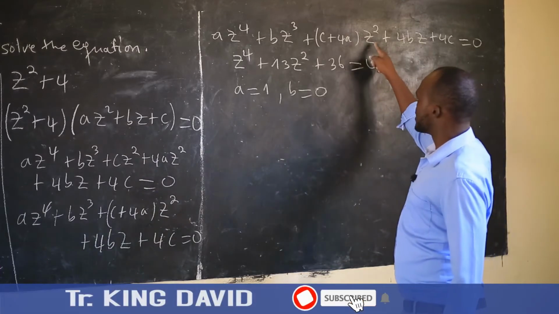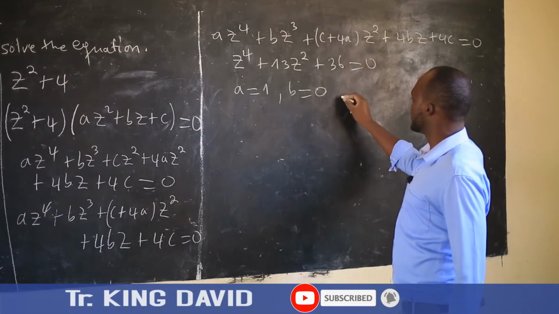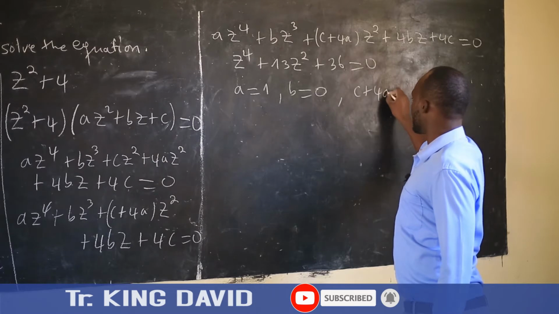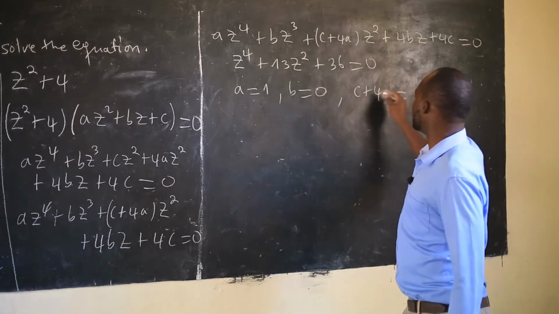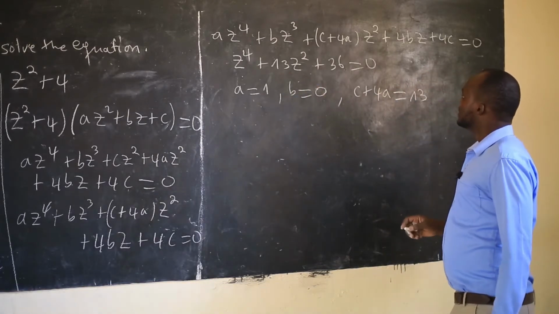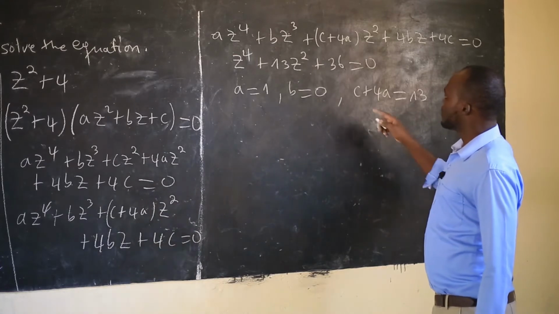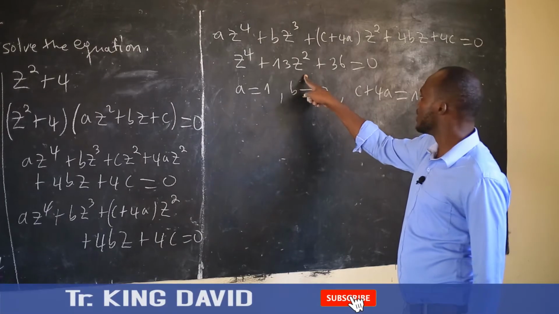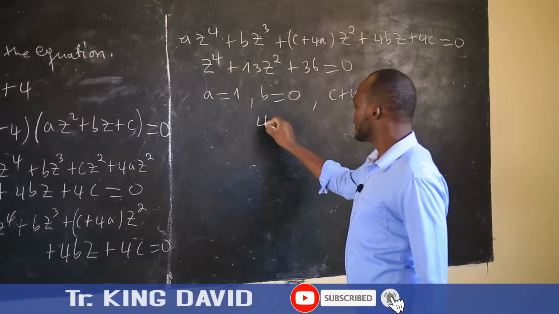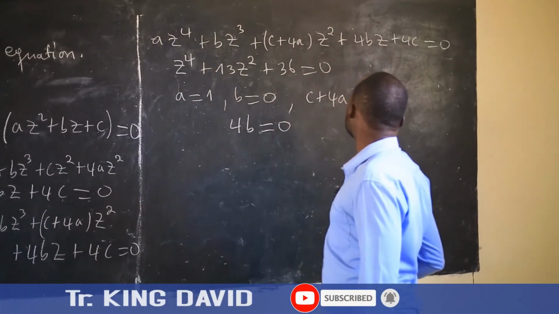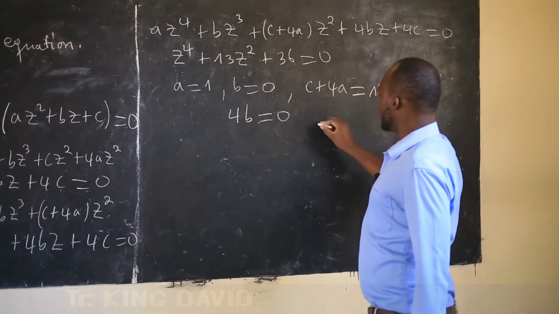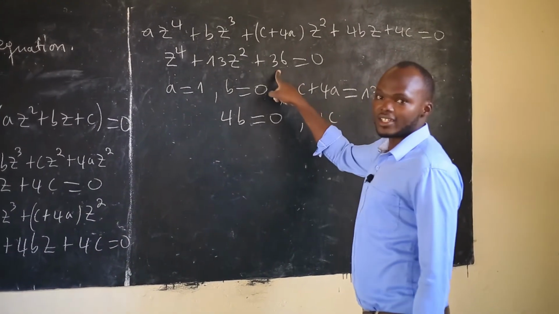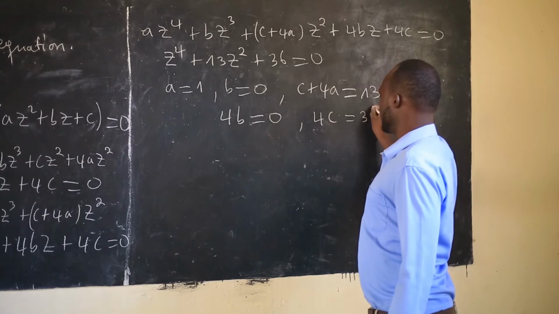The coefficient of z squared here is c plus 4a equal to 13. Then we don't have z here, meaning that its coefficient is 0, so 4b will be equal to 0. The constant 4c will be equal to the constant here, which is 36.